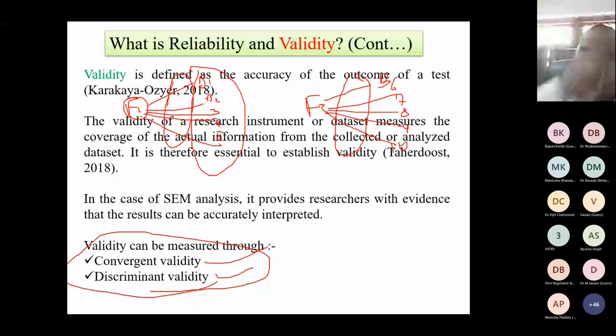That means one way of validity is over. What is that validity? Convergent validity. There is a strong correlation. Specifically, the covariance value is very high. Generally, we accept a covariance value above 0.6, and above 0.7 is very good.